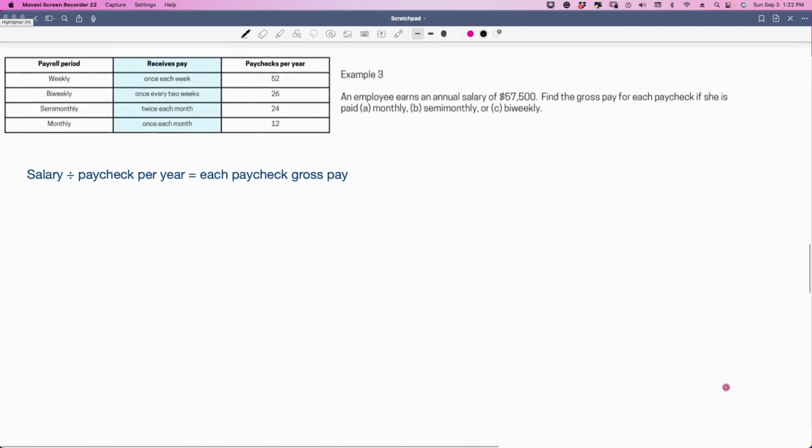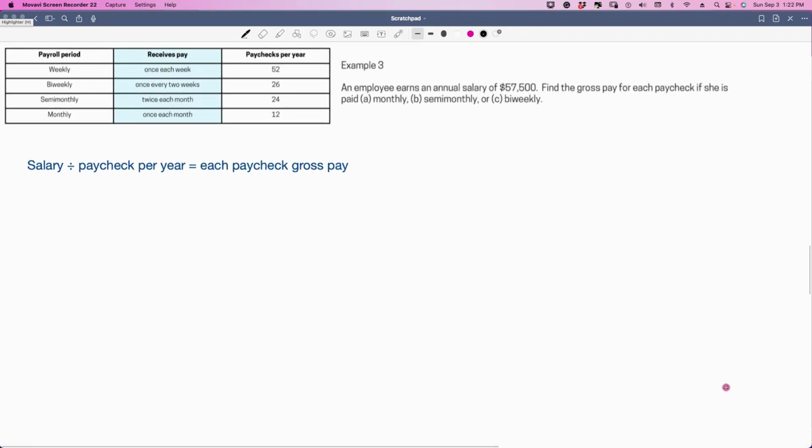Now, example 3 is about a salaried employee. A salary employee gets a set amount of wages for a whole year, and it doesn't change regardless of how many hours he works. He could work 50 hours a week. He would still get the same money as if he worked 30 hours a week.